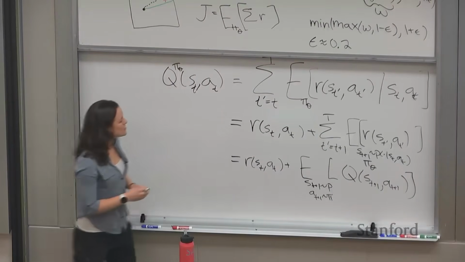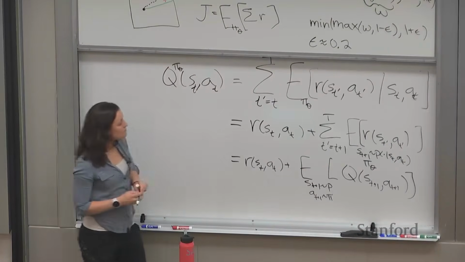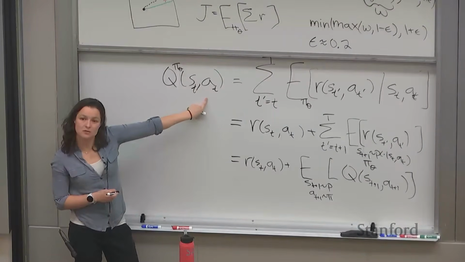And the really nice thing about this equation is that it holds for any state and action. We haven't made any assumption about which state and action this data was collected for.